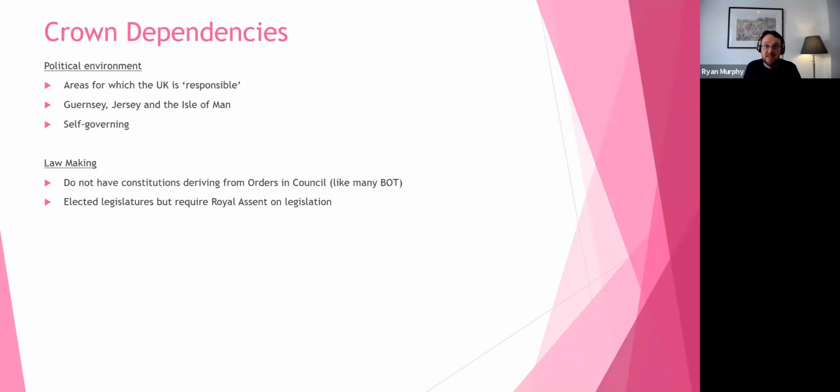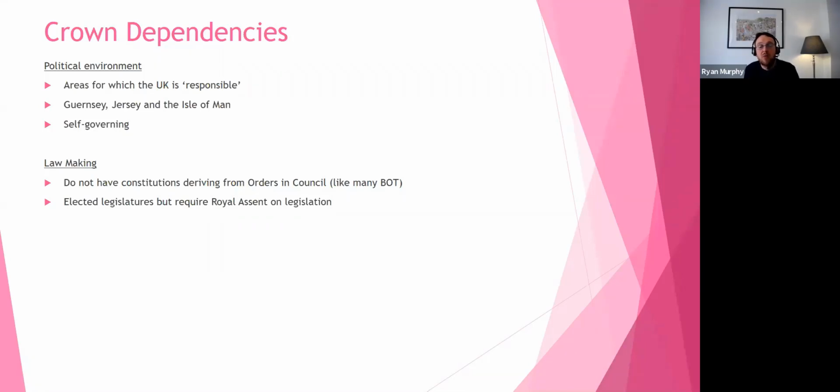Whilst they have elected legislatures which pass law, they share one of the great institutions of the legal system of England and Wales, and that's the monarch. So royal assent is still required on legislation that stems from these Crown dependencies.